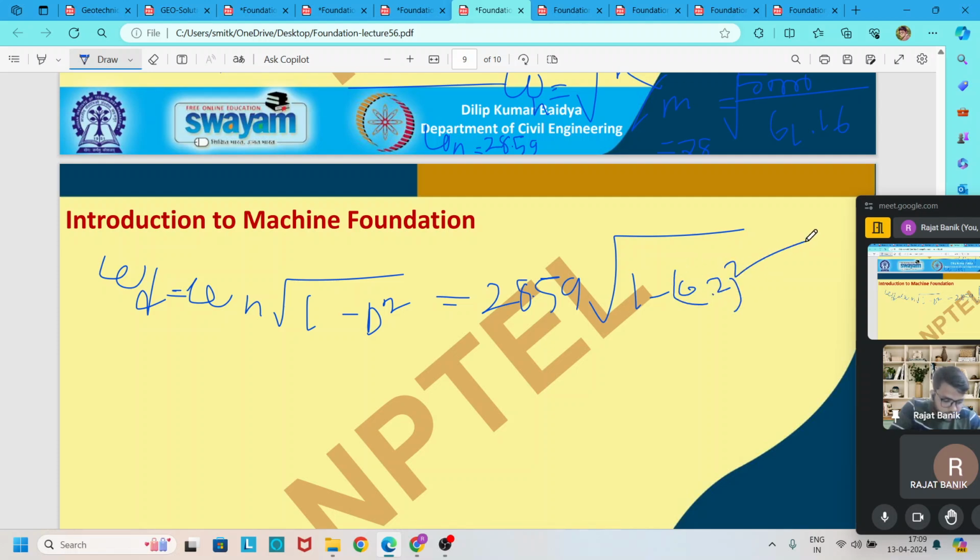So it is into root over 1 minus 0.2 whole square, which is equal to 28.01, and the unit is radian per second. Here also radian per second. So remember.